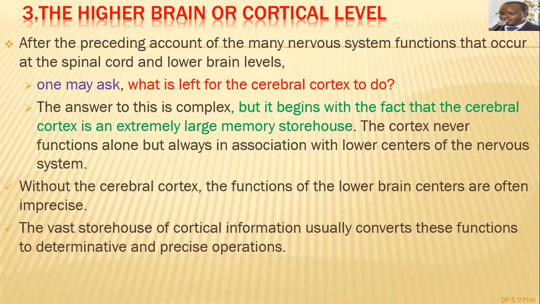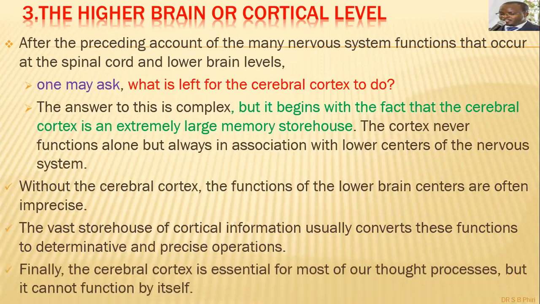So if you want determinative and precise operation, you still need the input coming from the cerebral cortex, because it is the one that stores memory. It is a memory storehouse that is able to regulate the subcortical level and also the spinal cord. Finally, the cerebral cortex is essential for most of our thought processes, but it cannot function by itself.